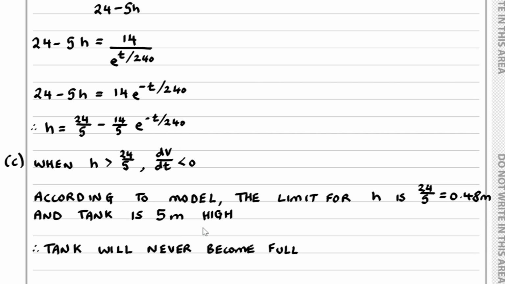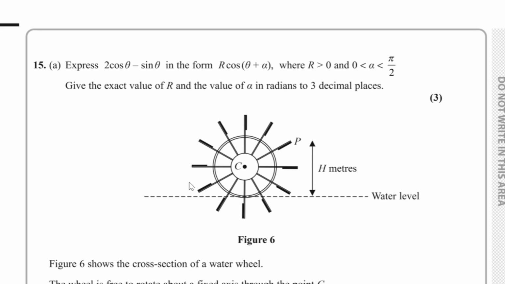We know already that the tank is 5 meters high. The height when the tap's open is 24 over 5, which is 4.8, so because this value is less than 5 meters, the tank will never become full.